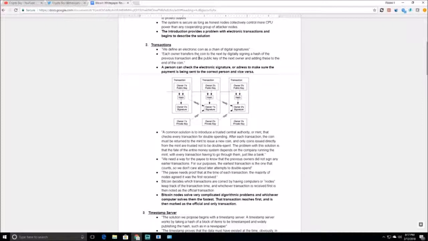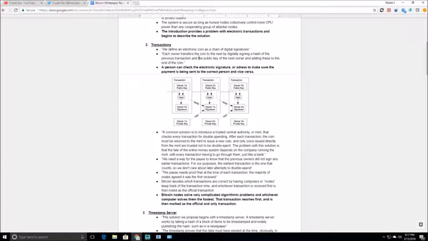But the problem with this solution is that the fate of the entire money system depends on the company running the mint, with every transaction having to go through them, just like a bank. So this is talking about a system like PayPal or Cash App. You're putting your money in their hands.